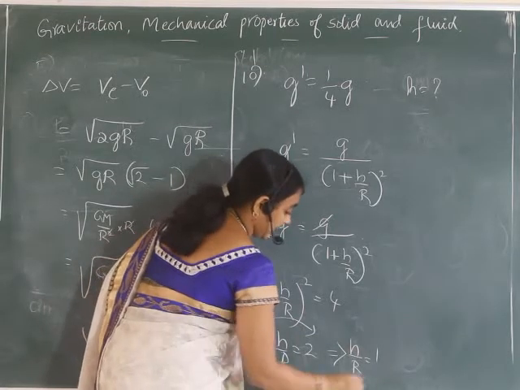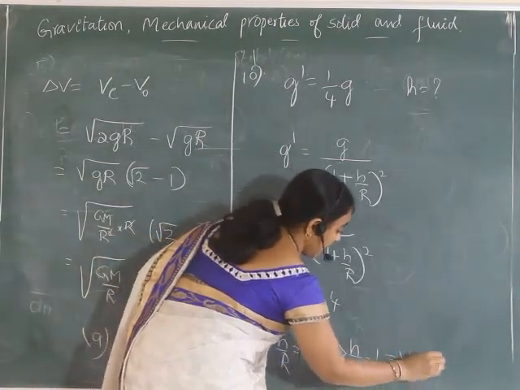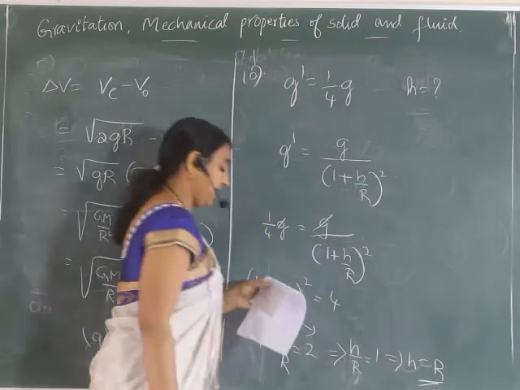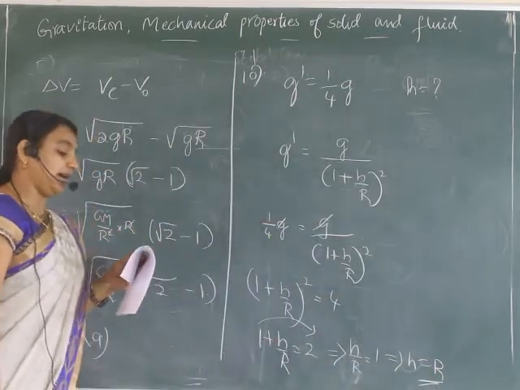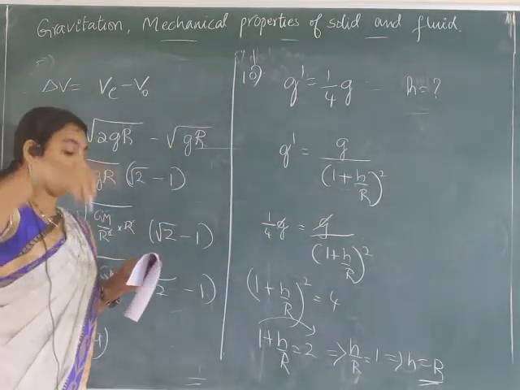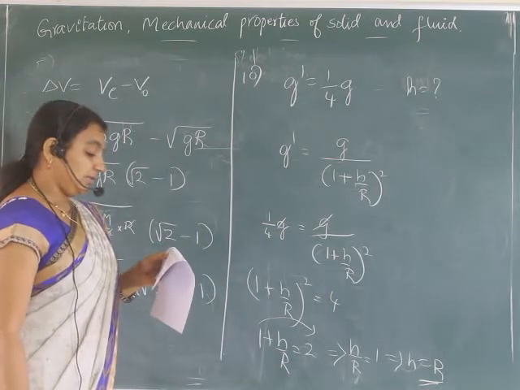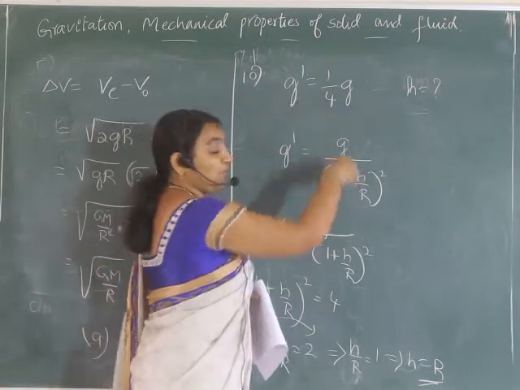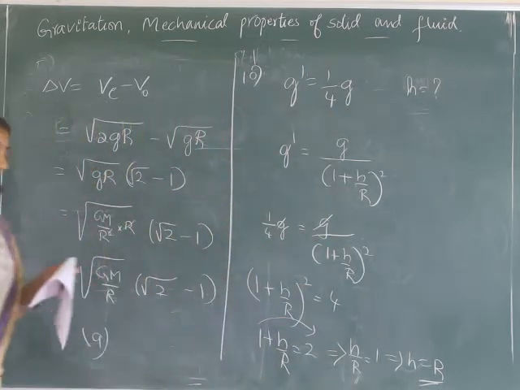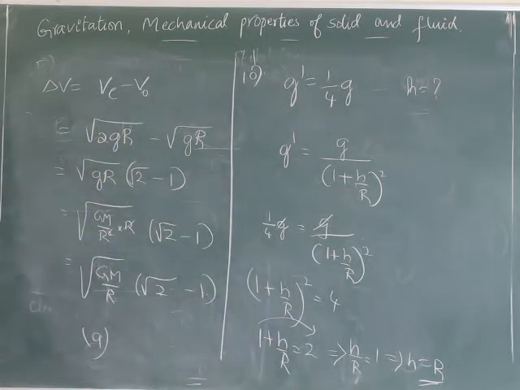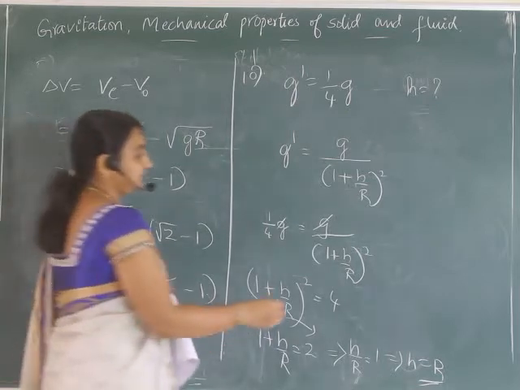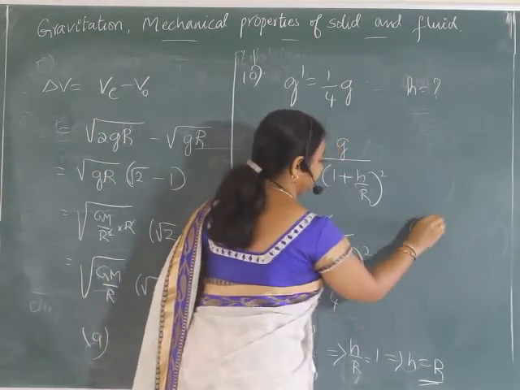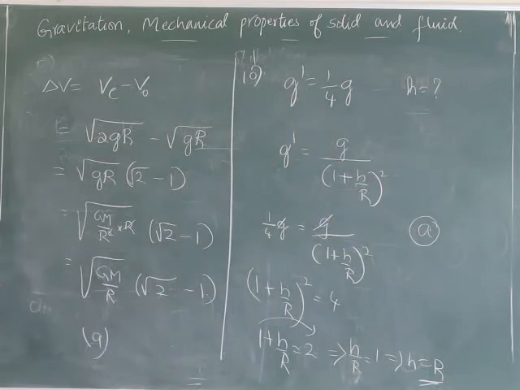So h is equal to R. If h is equal to the radius of the Earth, at such a height the acceleration due to gravity will be 1/4 of the acceleration due to gravity. So option A. Answer is A.